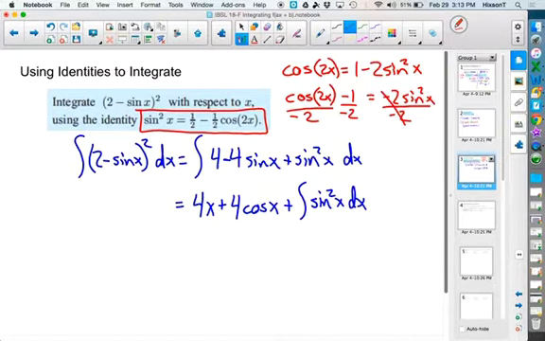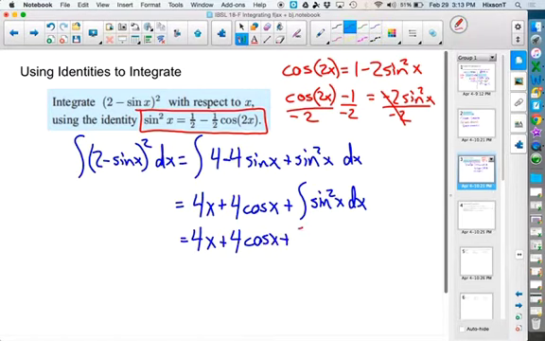And sine squared is a positive 1/2 minus 1/2 cosine of 2x. So they took an identity that we learned in the past, they modified it, so now we can actually use it here. And all this is still just waiting to be incorporated into a final answer.